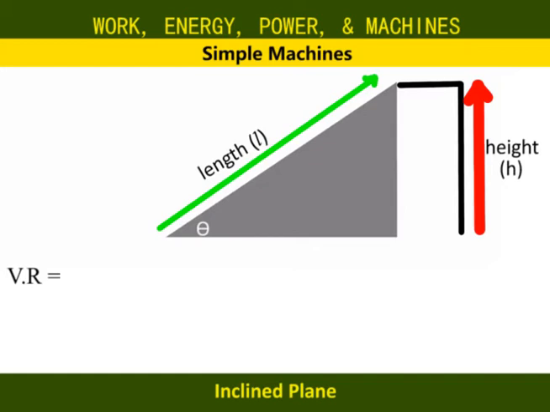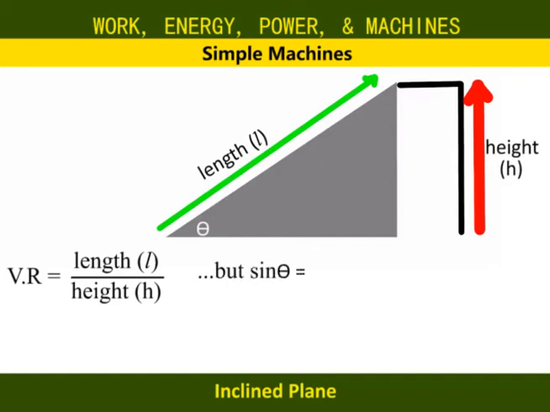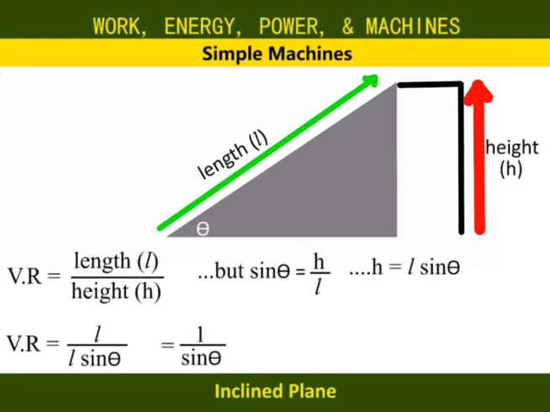That is equal to the length of the ramp over the vertical height. But sin θ is equal to height over the length, and therefore h is equal to L sin θ. And so velocity ratio will be equal to L over L sin θ, giving us 1 over sin θ.